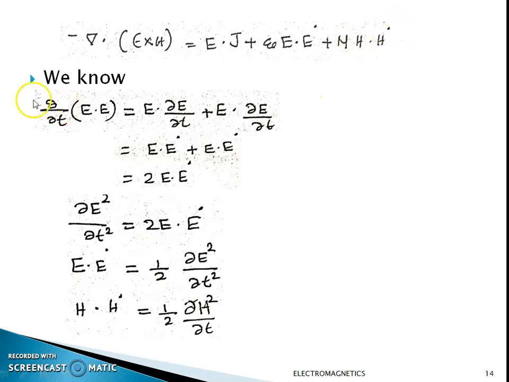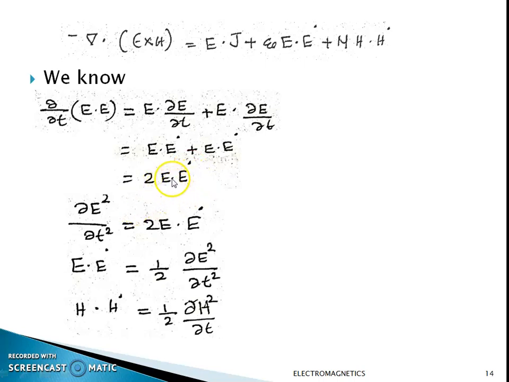Then we know dou by dou T of E dot E, we apply the partial derivative, and after applying that we get the answer 2E dot E dash.